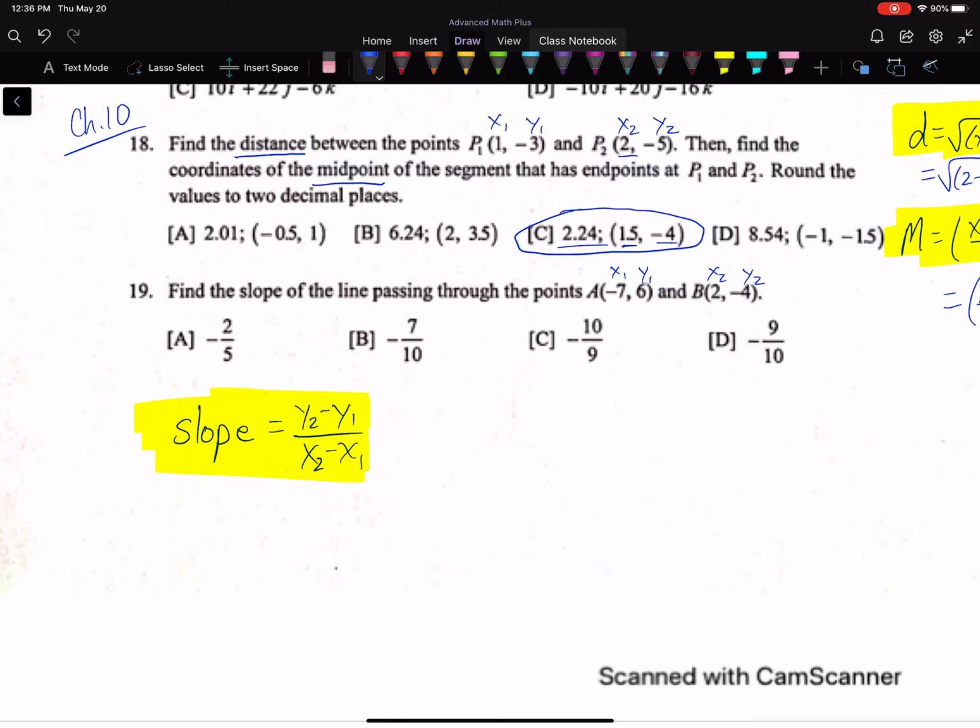All right? So that's going to be y2 is negative 4 minus y1 is 6 over x2 is 2 minus x1 is negative 7. So that would be negative 10 divided by 9, which is C. All right, you good?